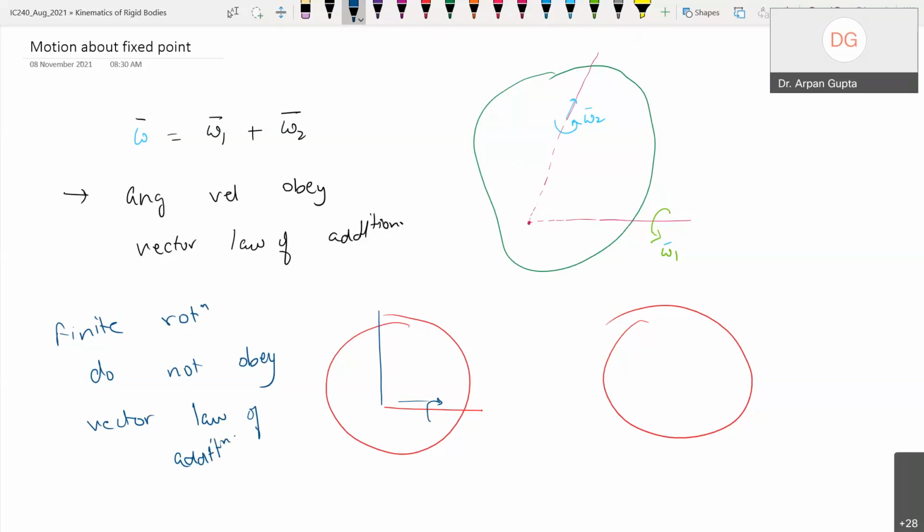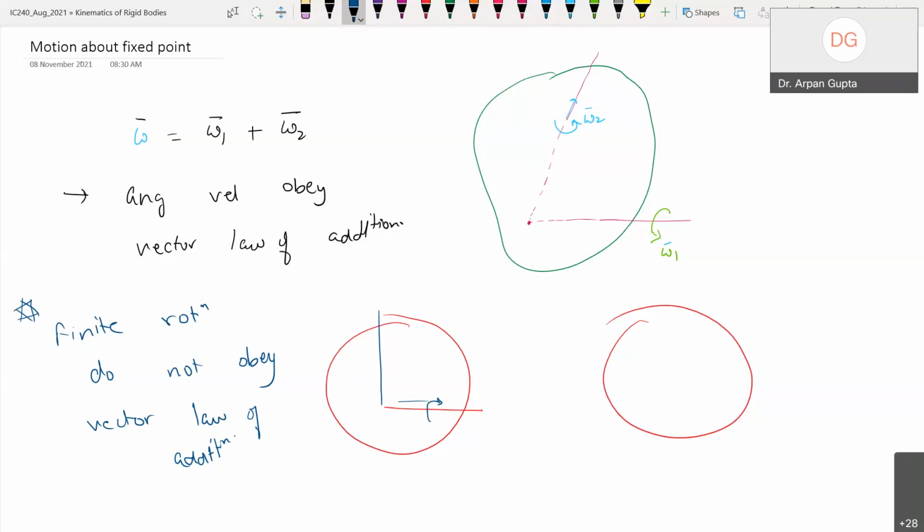Now, this is something very funny and very interesting. The derivative of finite rotation is infinitesimal rotation. So infinitesimal rotations obey the vector law, but finite rotations don't obey the vector law of addition.